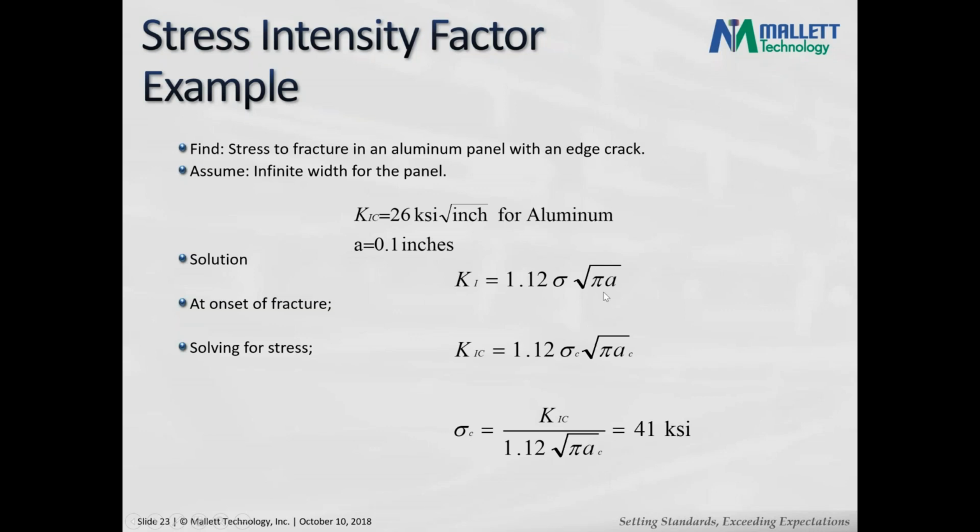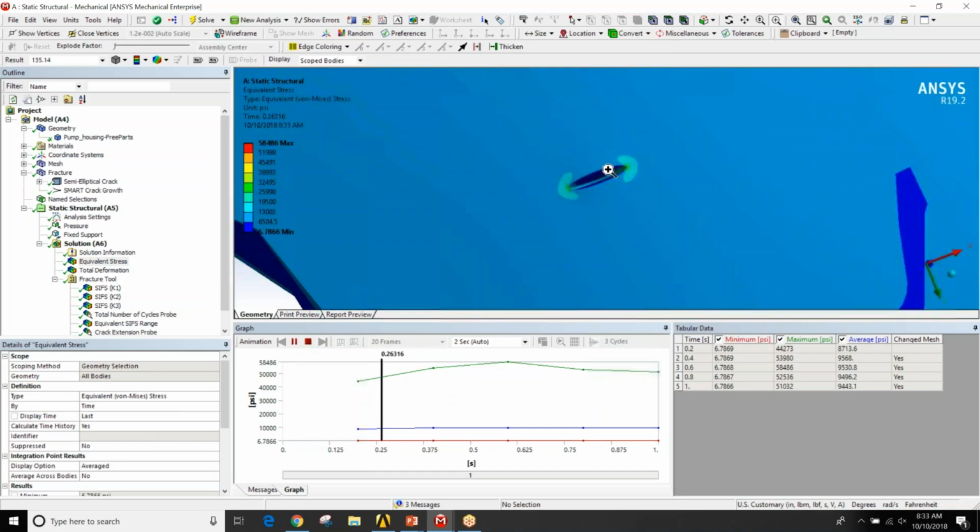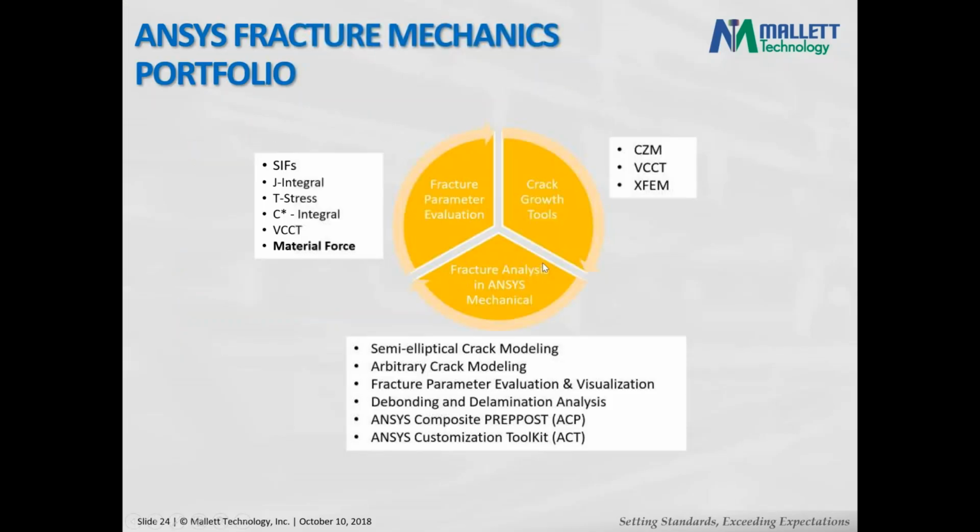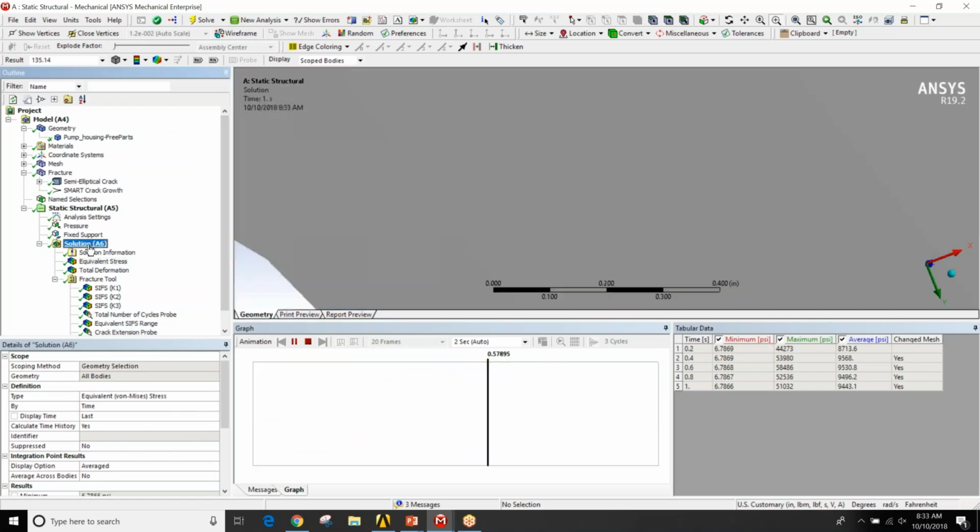And so through formulas like this, closed form formulas, and in some cases through experimental observations, we validate ANSYS models. In the ANSYS portfolio, you can calculate stress intensity factors, and you can calculate J integral. How do you calculate J integral?